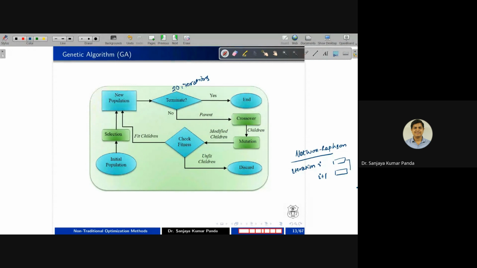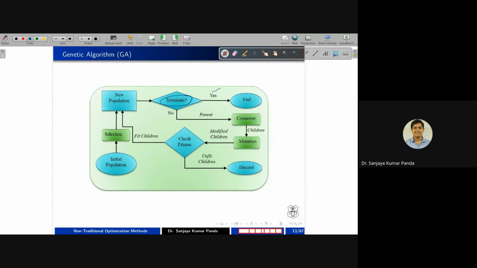If the value is the same, then we'll stop here. If the value is not the same, then we'll go for iteration number I plus 2. Until in 2 successive iterations the value is the same, we have to iterate. So after 20 iterations, I can terminate. Whatever the termination condition may be, if it is satisfied, then your process is completed.